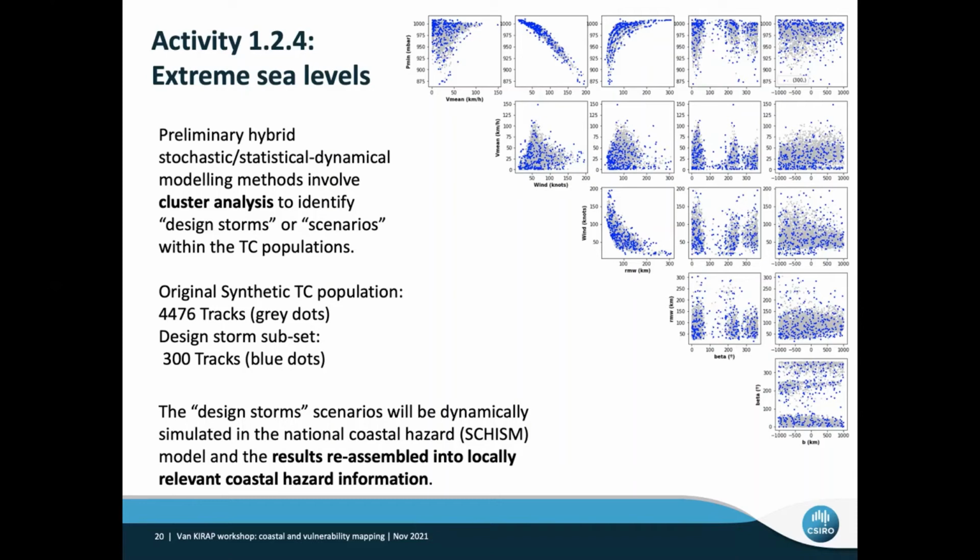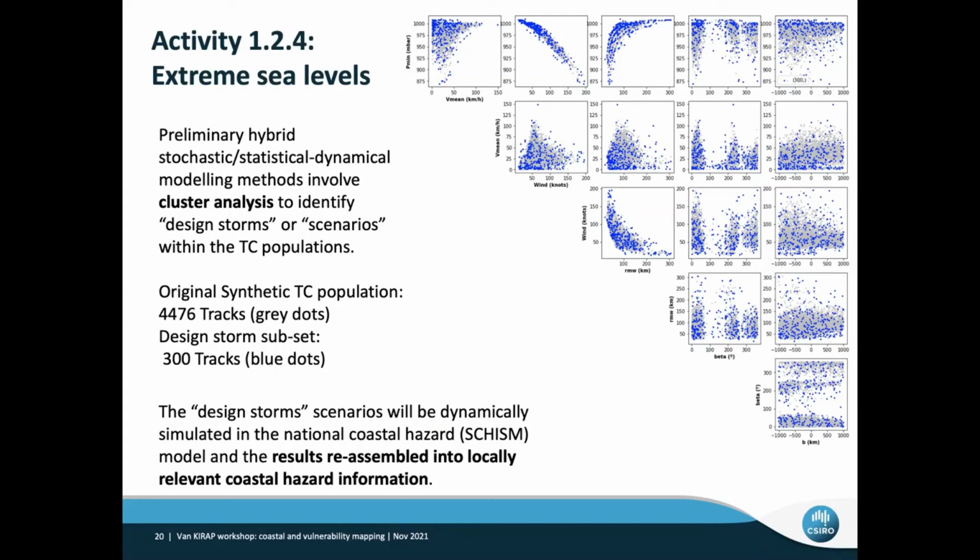And what you can see is the blue dots effectively cover the probability space of the tropical cyclones. In other words, this reduced set of 300 tracks statistically represents all 4,000 tracks. So instead of dynamically modeling 4,000 tropical cyclones per synthetic tropical cyclone population, we can model 300, which is more computationally tractable.